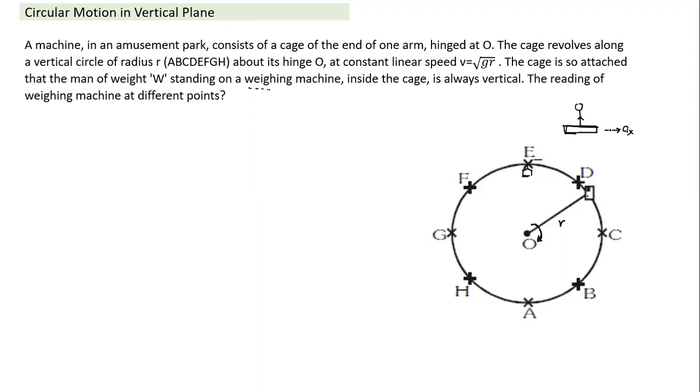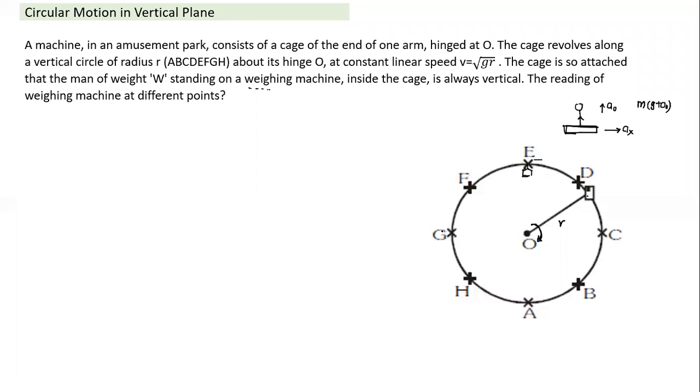Will the reading change? Horizontal acceleration will not change the reading of the machine because the normal reaction will not change here. But if it is given vertical acceleration a0, in that case, the reading becomes equal to mg plus m a0, which we did last week or maybe a couple of weeks back. So only the vertical component of acceleration matters. If the vertical component is upward, reading increases. If the vertical component is downward, reading decreases.